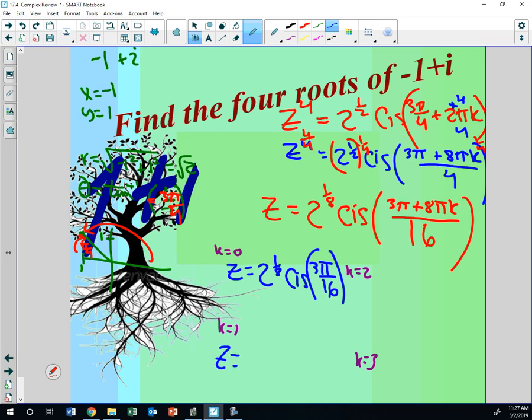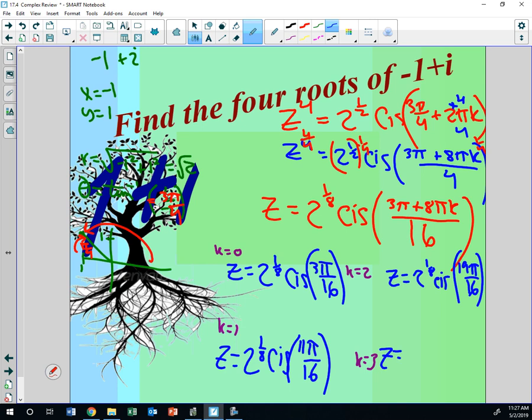Z1 is just going to be 2 to the 1/8 power cis. Now you're going to take 3 pi plus 1 times 8 pi, which will just be 11 pi over 16. And that makes the next one 2 to the 1/8 cis 16 plus 3 is 19 pi over 16, and the last one's going to be 2 to the 1/8 cis 3 times 8 is 24, plus 3 is 27 pi over 16.